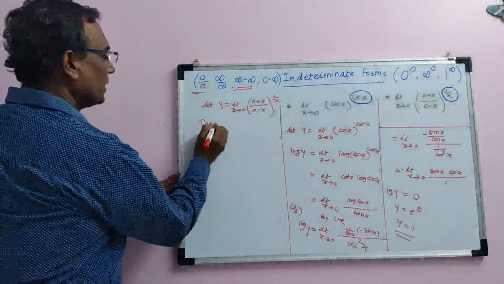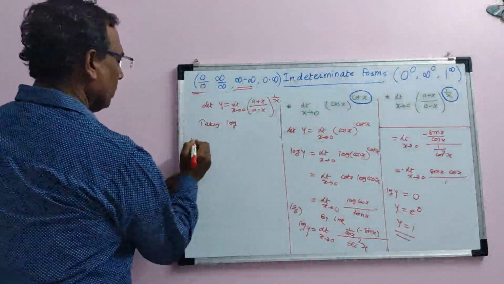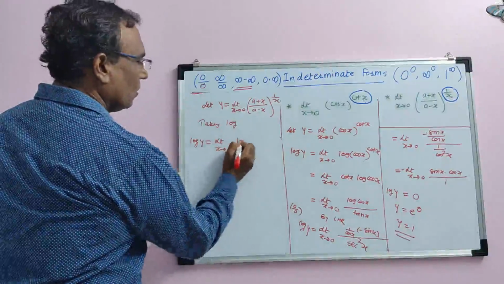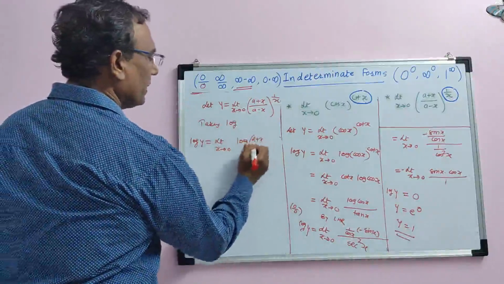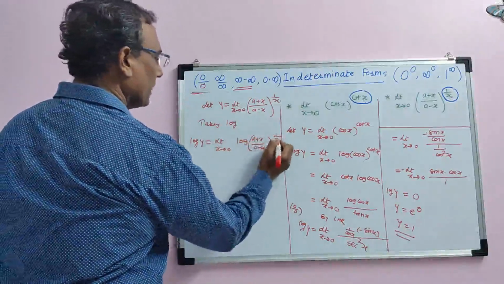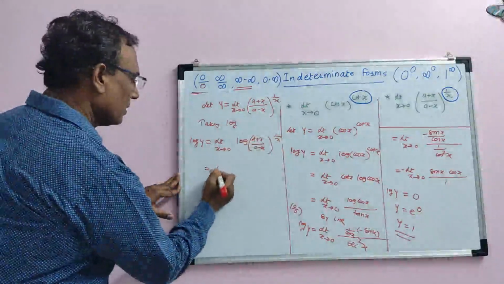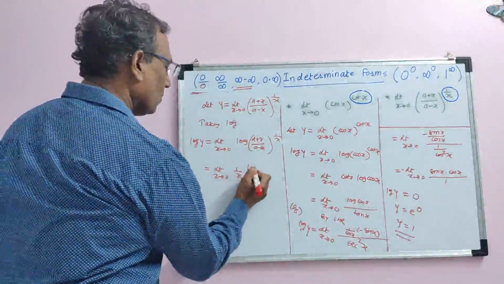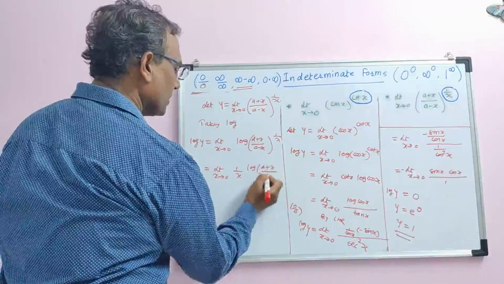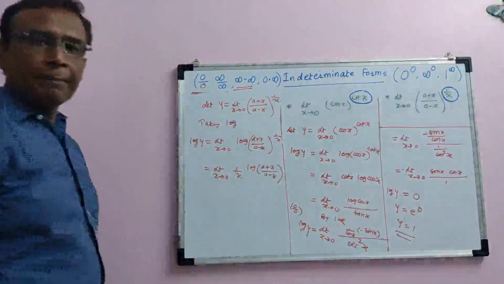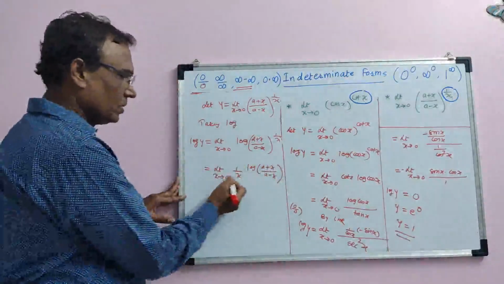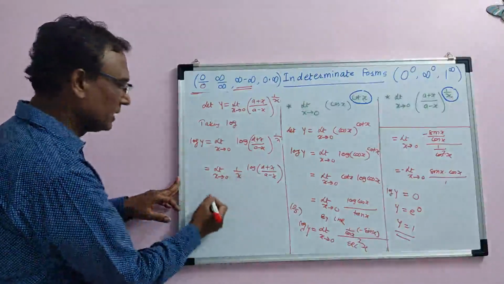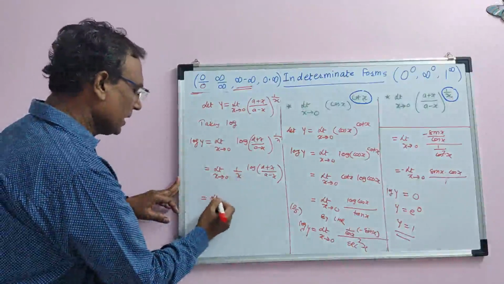Taking log of both the sides, log of y is equal to limit x tends to 0, log of (a plus x by a minus x) power 1 by x. 1 by x will come at the coefficient place like this, log of a plus x by a minus x. Now this is 0 by 0 form. Log of 1 will be 0 if you put x equal to 0, and 0 is there in the denominator.